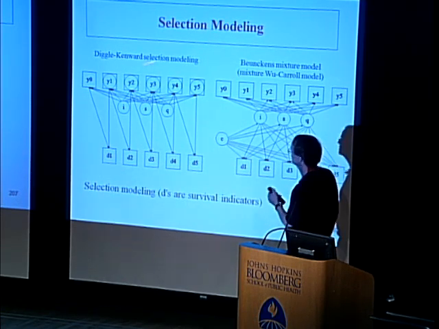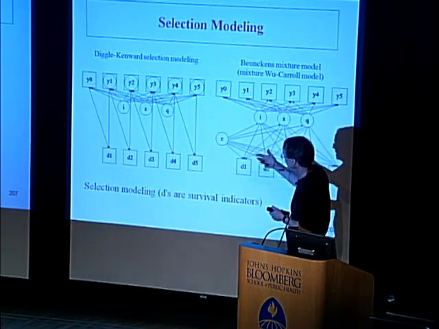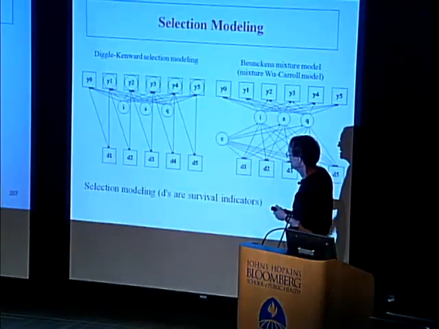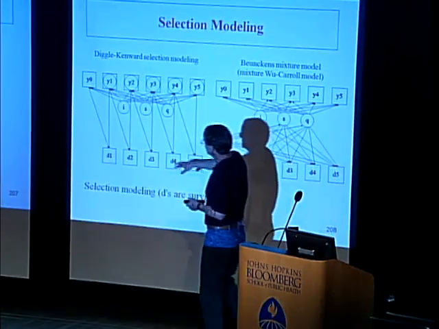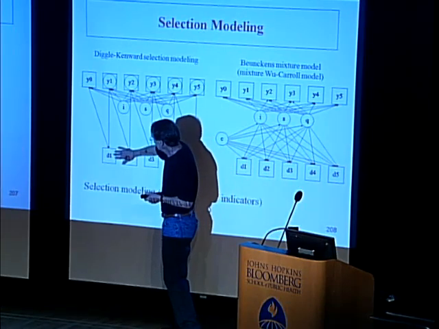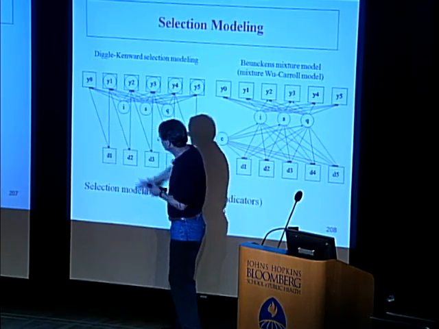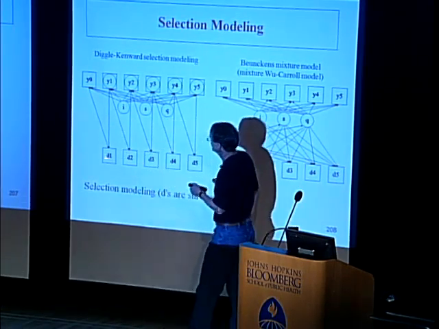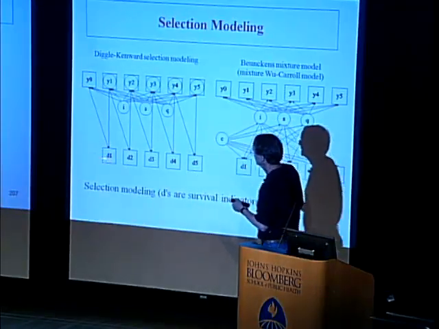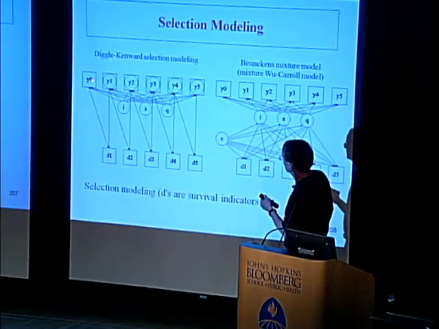So Diggle and Kenward suggested this model, which is understood as follows. Dropping out after the first time point, after baseline, this is baseline, dropping out after baseline is predicted by the baseline value.